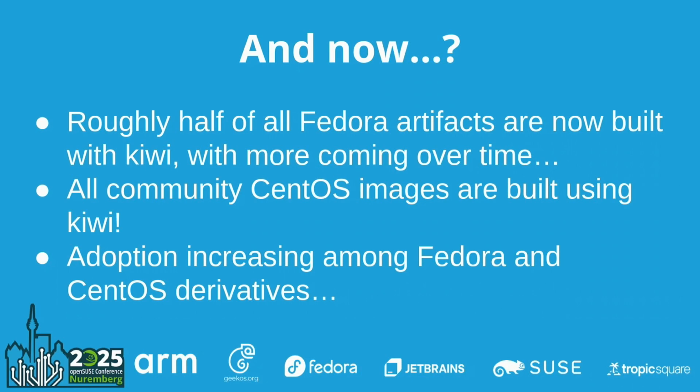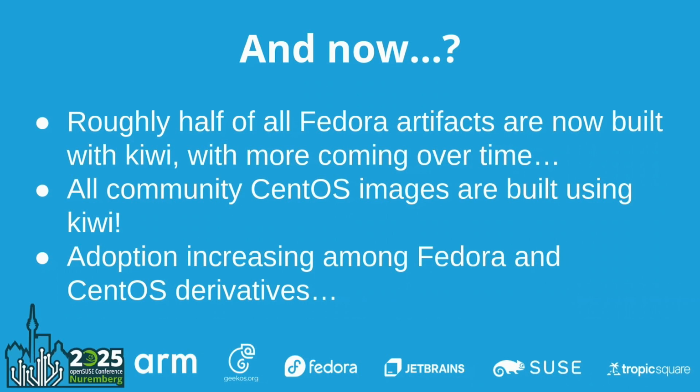All the CentOS community images are built using Kiwi. As I iterated earlier, this is kind of the thing that we're doing. And it is now an option that people are adopting en masse within the Red Hat ecosystem of derivatives.